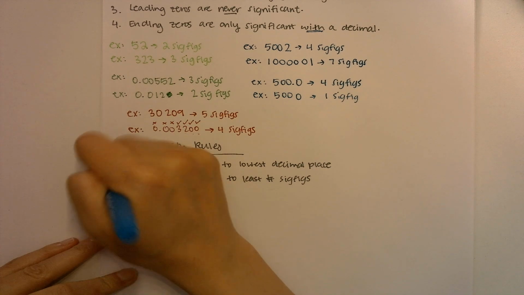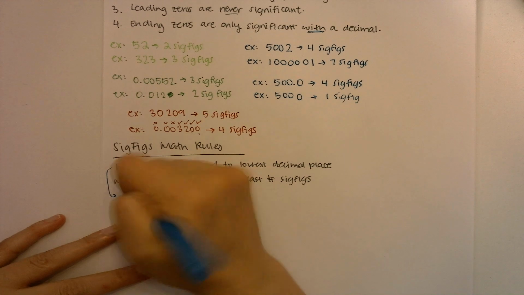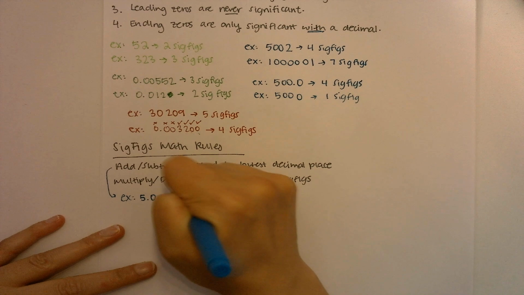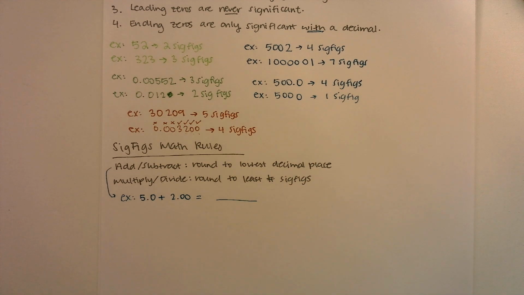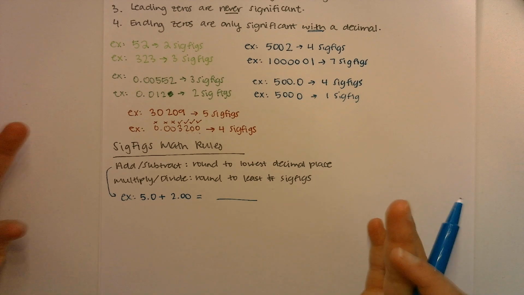For add and subtract, for example, if I give you a simple addition, you don't even need a calculator: 5.0 plus 2.00 equals. We already know in our head that 5 plus 2 is 7. However, when you look at each of these values, it again has to do with accuracy and precision.